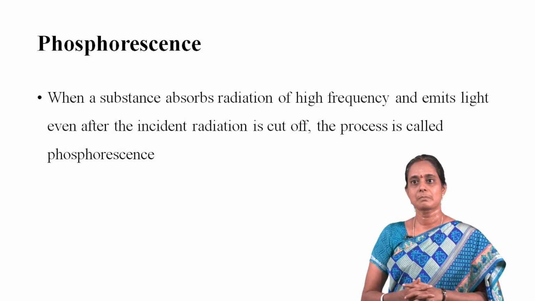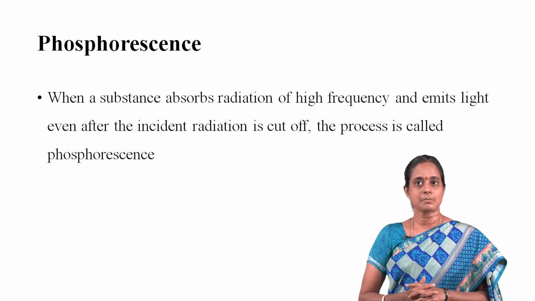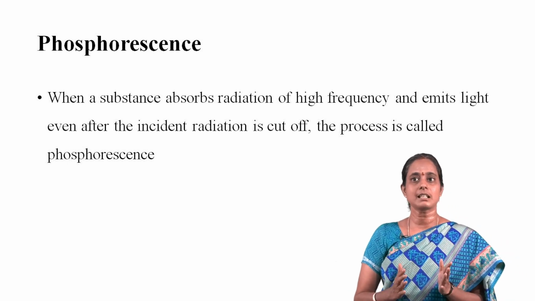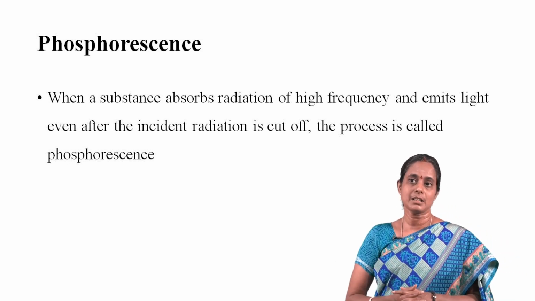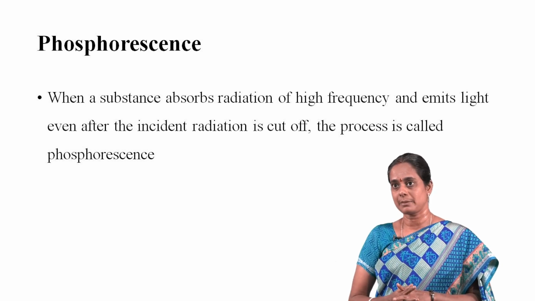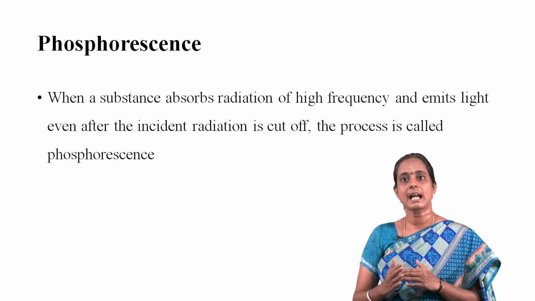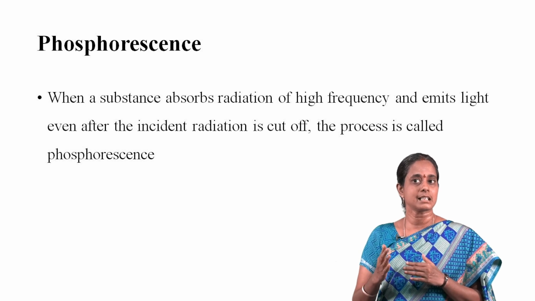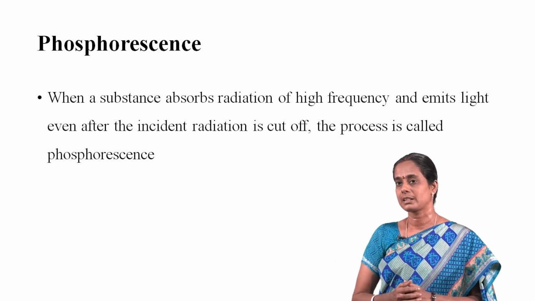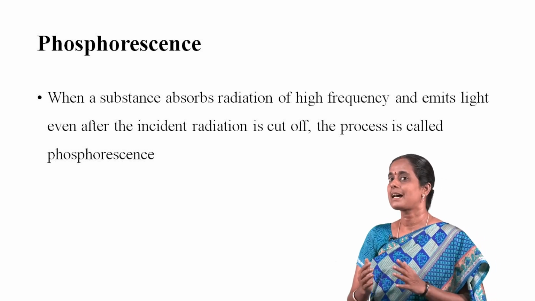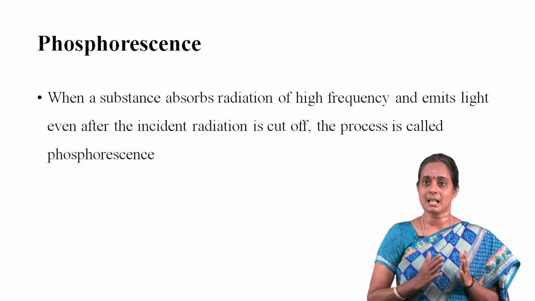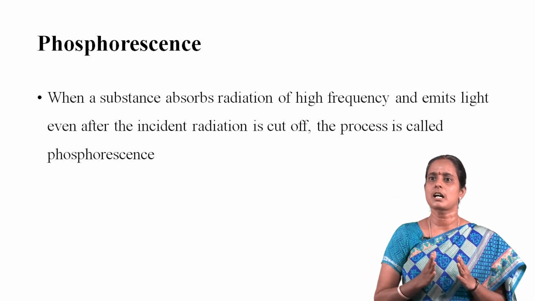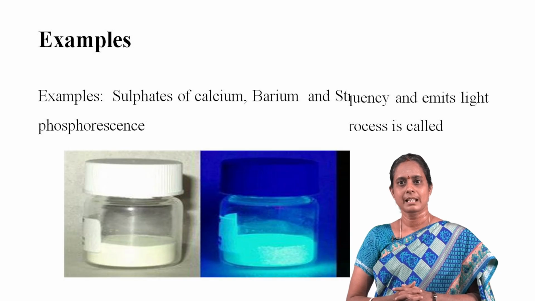The next one is phosphorescence. When a substance absorbs radiation of high frequency and emits light even after the incident radiation is cut off, the process is called phosphorescence, and the substance is a phosphorescent substance.